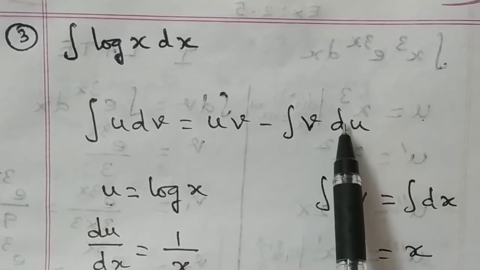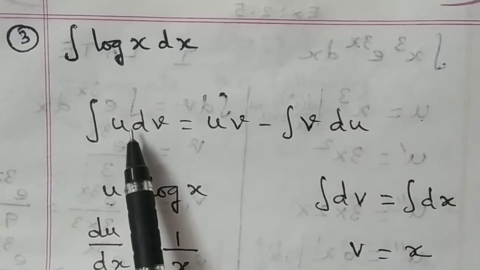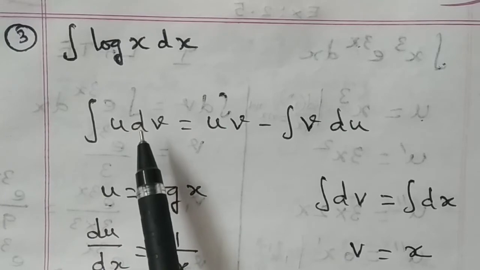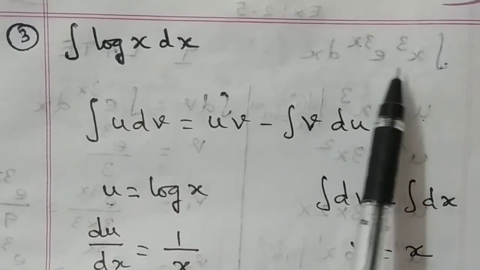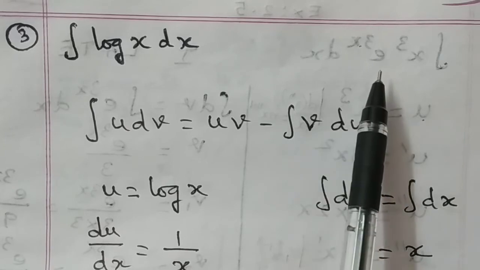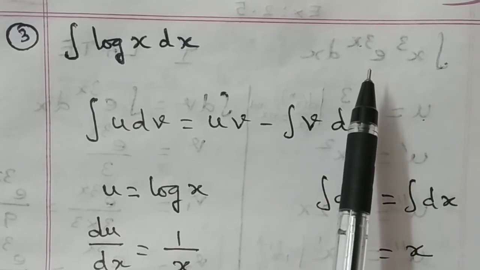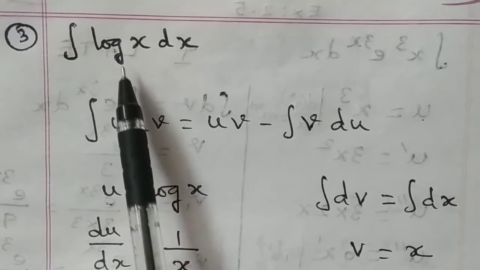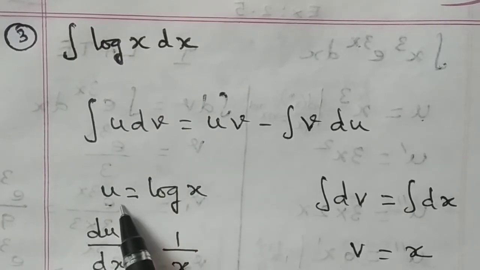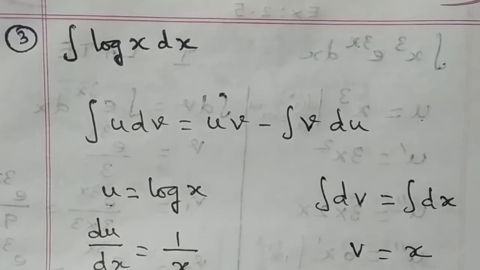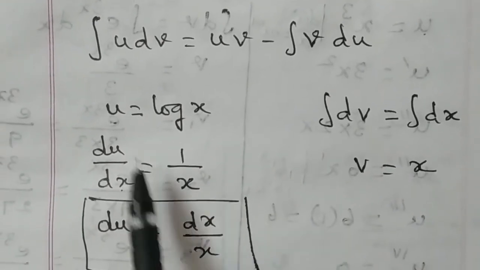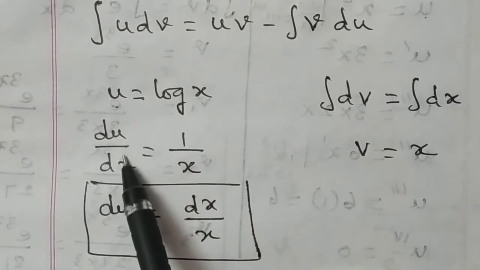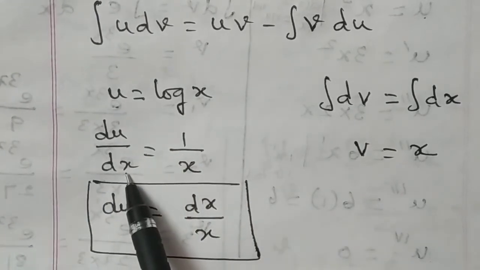We know how to choose the value for u. I stands for inverse trigonometric function, and next L stands for the logarithmic function. So here you can choose u equal to log x. To find du by dx, differentiate with respect to x.